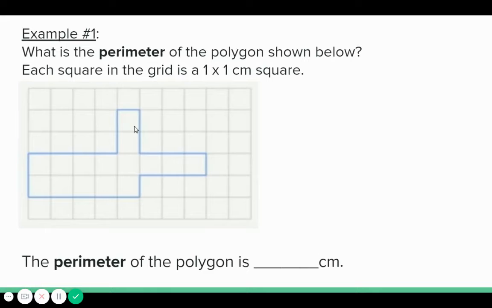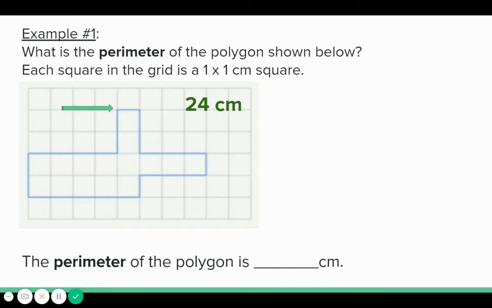So I'm going to start counting by 1: 1, 2, 3, 4, 5, 6, 7, 8, 9, 10, 11, 12, 13, 14, 15, 16, 17, 18, 19, 20, 21, 22, 23, and 24. Now, remember we're talking about centimeters, so the perimeter of the polygon is 24 centimeters.